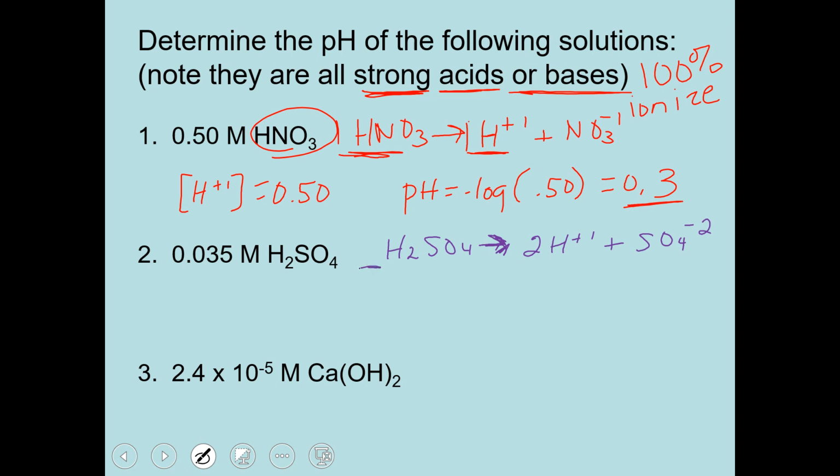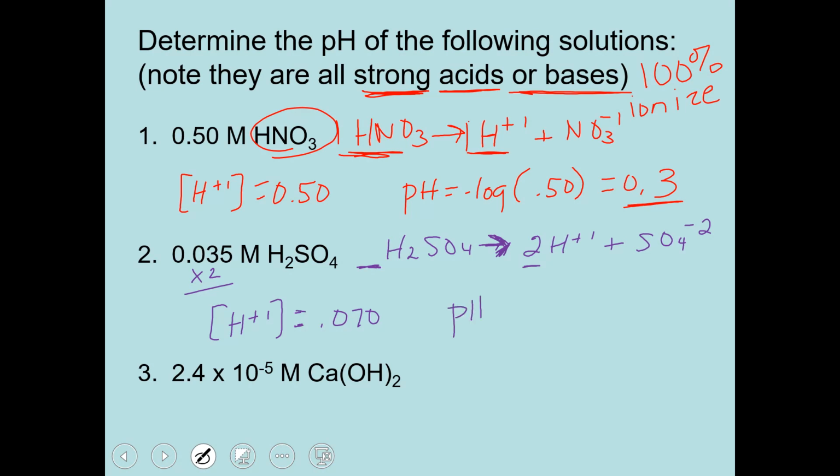When I have a molecule of H2SO4 and it breaks apart, I get 2 hydrogen ions. 1 particle of H2SO4 produces 2 hydrogen ions. So remember that from the last unit? I got to double this. My hydrogen ion concentration is 0.070.